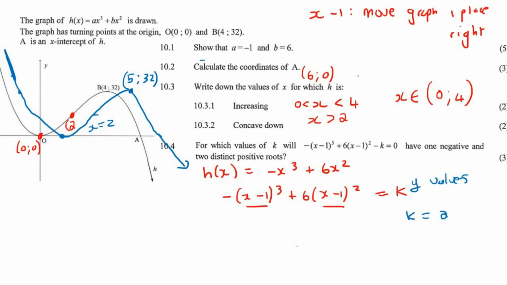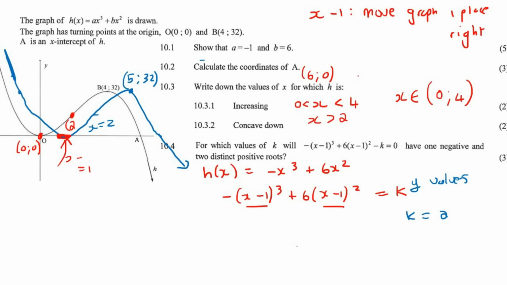So it says, for which k will we have 1 negative and 2 positive roots? So we want 1 negative and 2 positive. It won't be up here, because then we only get 1 negative. It won't be down here, because then you get 1 positive. And it won't be on this line, because then this root over here is not distinct, because that would be like x equals 1 and x equals 1.